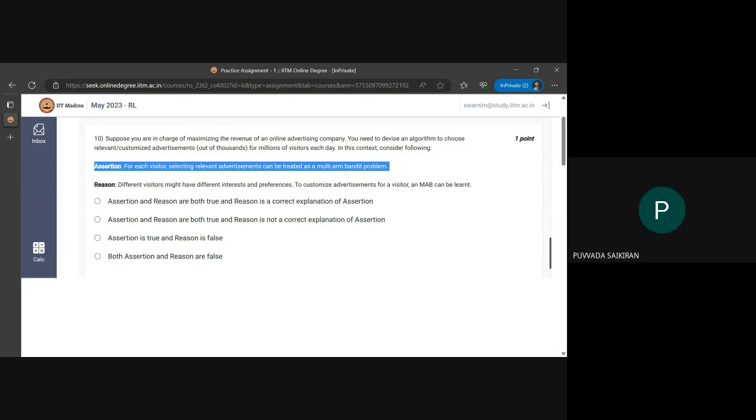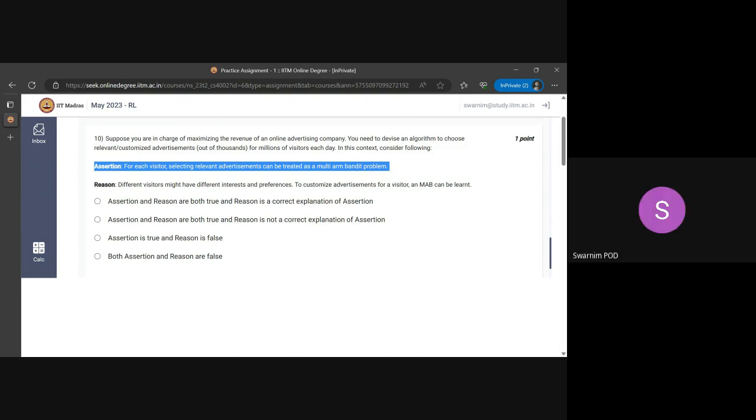Yeah, we can. Right. Now the second visitor comes in. For that visitor, can I also do the same thing? Keep a separate multi-arm bandit for it, and train it, learn the optimal arm for that particular user? Yeah, right? And I can do this for all the users.